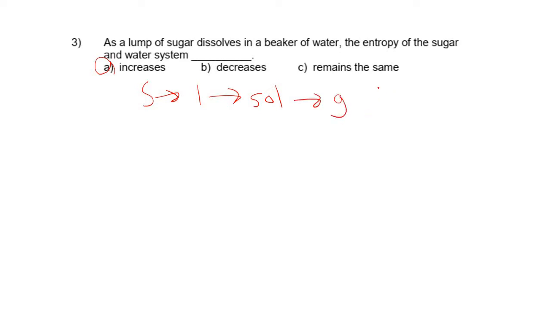As we go across, our level of disorder, or our entropy, increases. So solid is the most organized, all the way up to a gas, which is the most unorganized. So remember, think about entropy as your sloppiness or your measure of disorder.